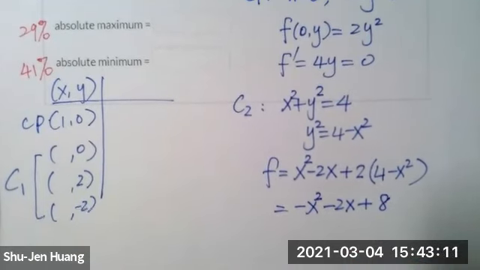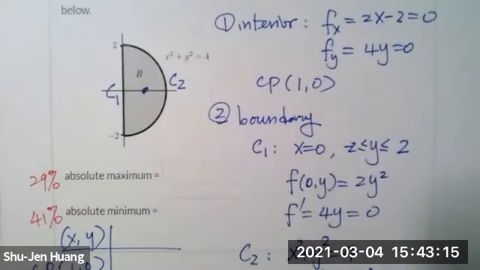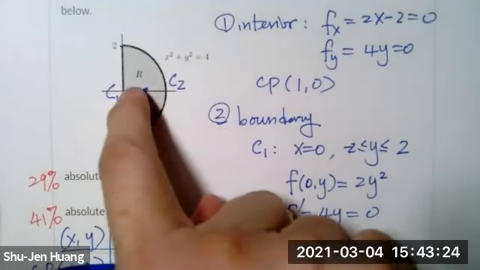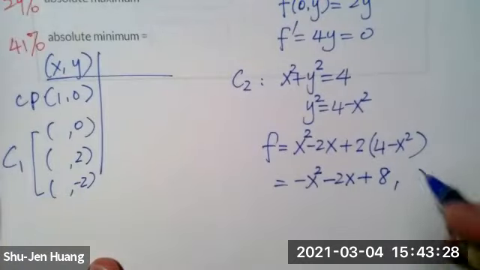And now the x value, look at the graph here. For the semicircle, what's the smallest x value? What's the largest x value? X is from 0 to 2, right? So x is from 0 to 2.